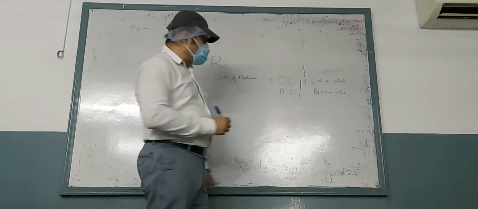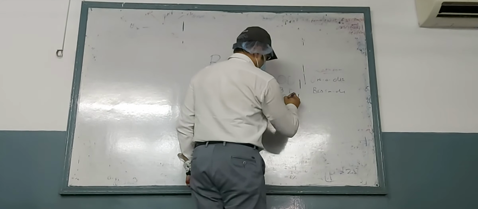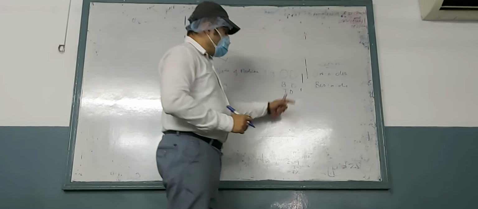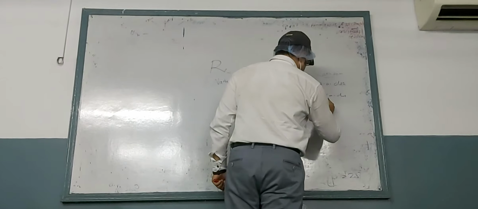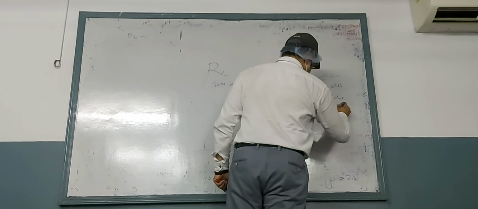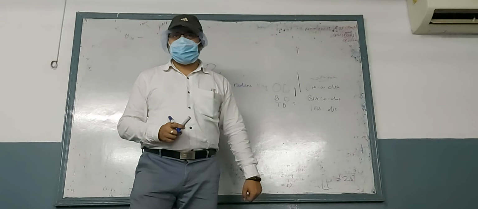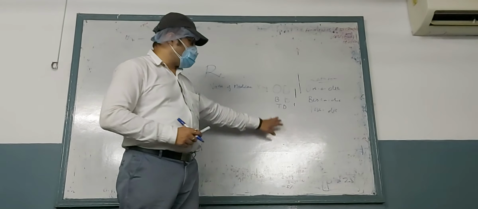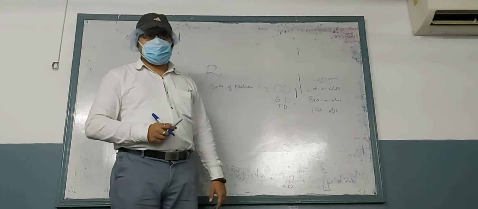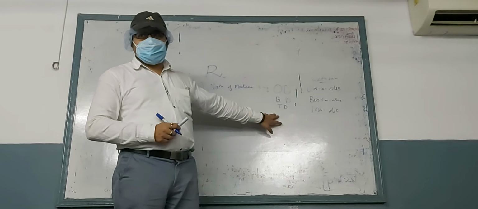But if we are writing TD, that should be tris a die. In Latin, which in English means thrice. Understood? So TD means thrice a day, not twice.